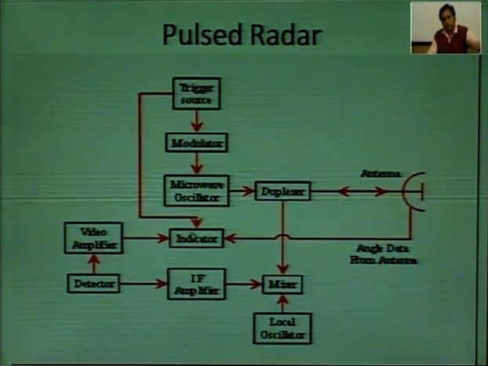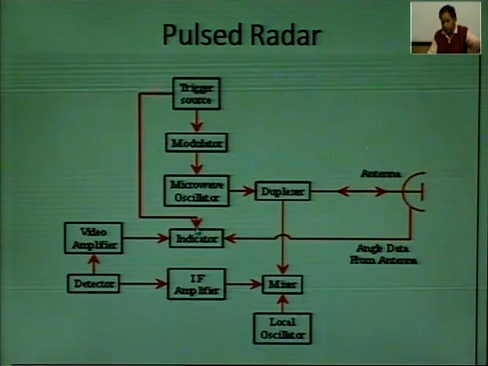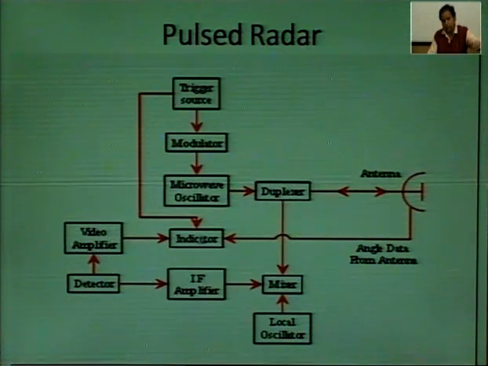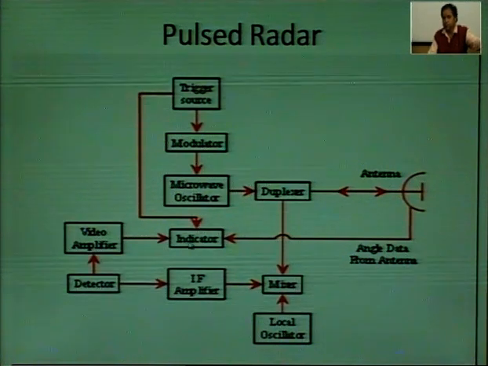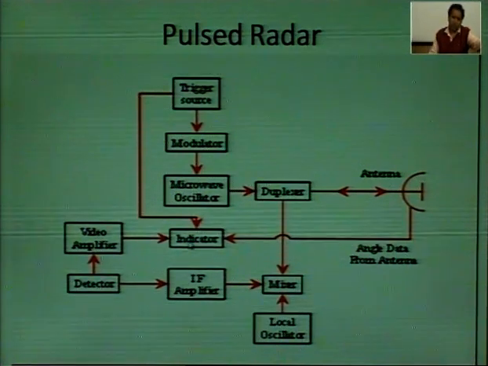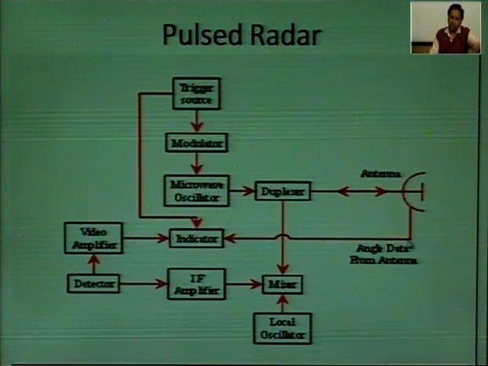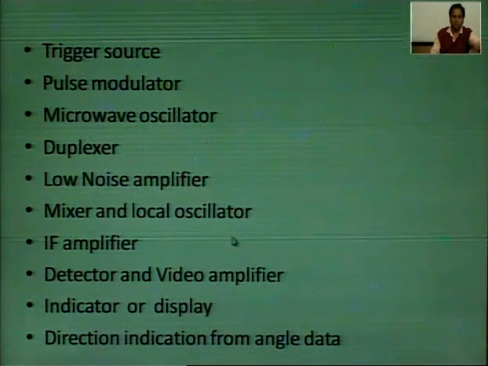Now, the indicator gets two inputs for the range equation, one from the transmitter and the other from the receiver. By getting the difference of time between the transmitted and received pulse, the distance can be calculated. Angle is another factor, which is calculated by getting another feed from the antenna.